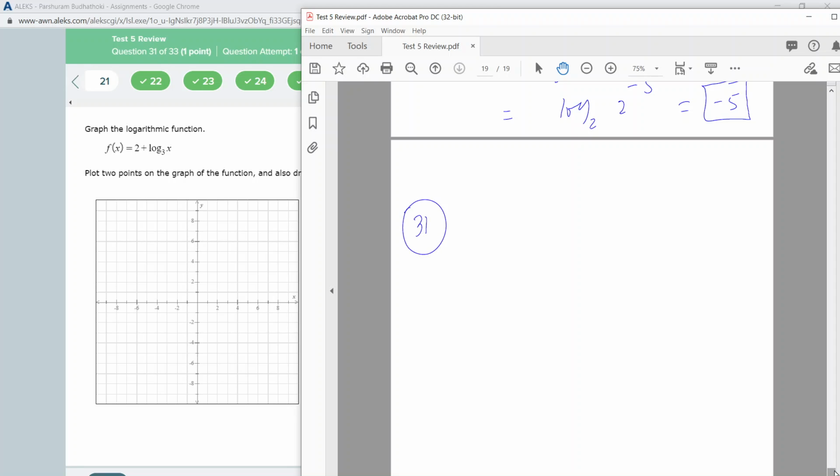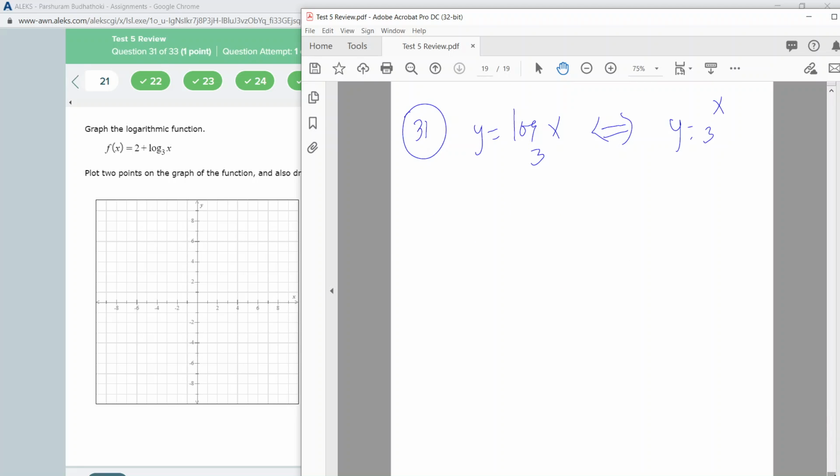Problem 31. Remember, log base 3 of x can be plotted by plotting the graph y equals 3 to the power x. They are inverse of each other. So if you don't know how to plot the graph of log base 3 of x, plot the graph of y equals 3 to the power x, and that will help you plot the graph of log base 3 of x. That's the inverse function.